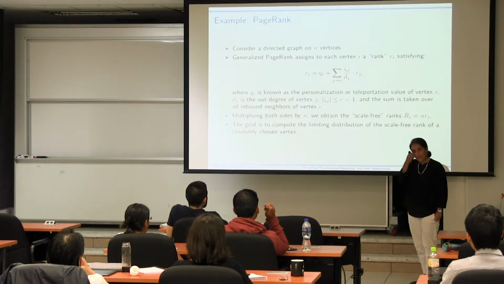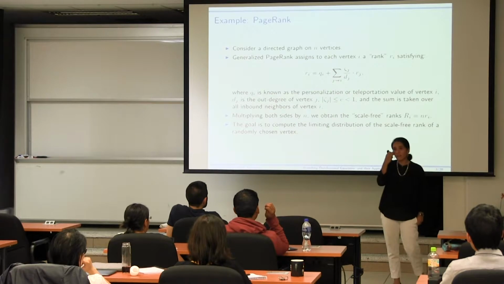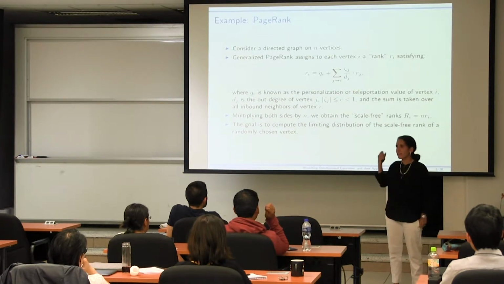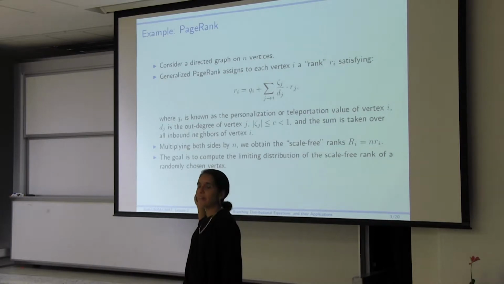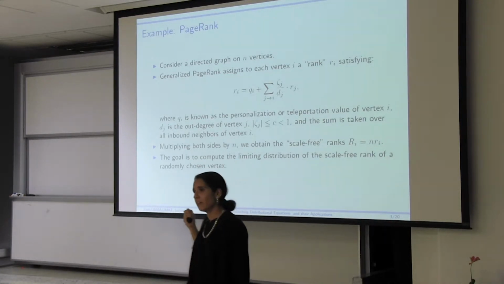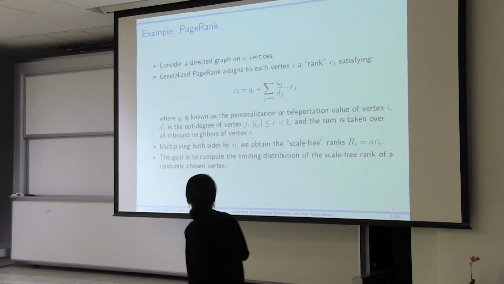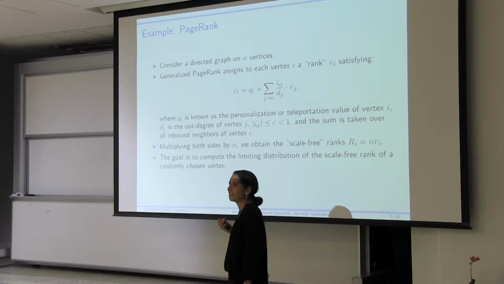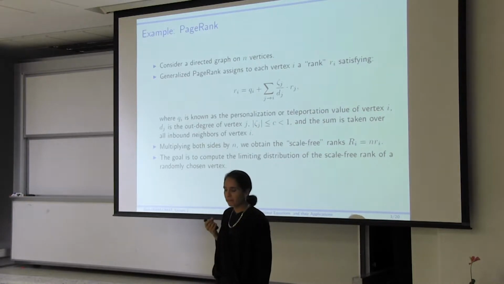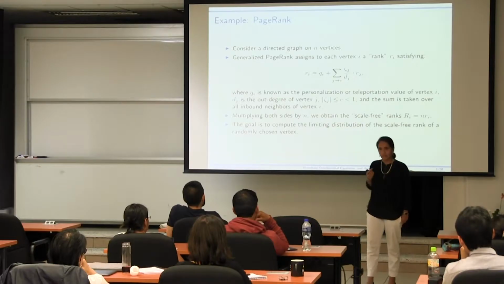What I really have here is a random walk. This is the system of linear equations satisfied by the stationary distribution of a random walk on the very, very large web graph. Which random walk? Well, it's a random walk that is famous on its own. It's called the random surfer random walk. And it says the following.